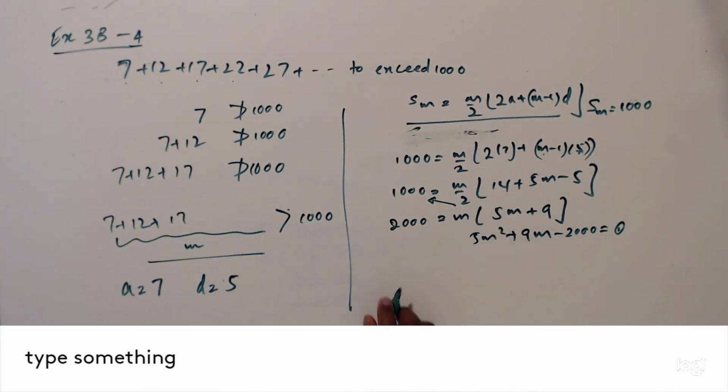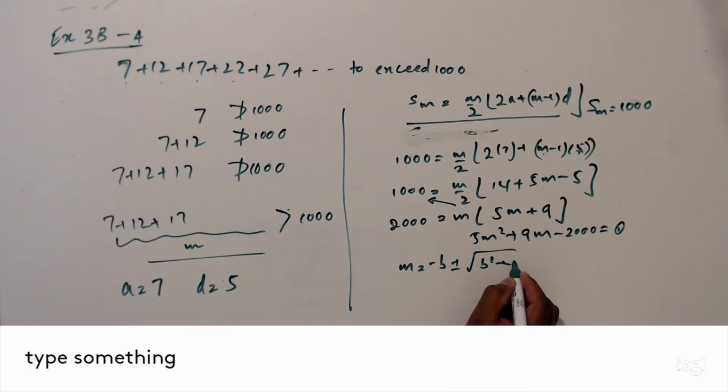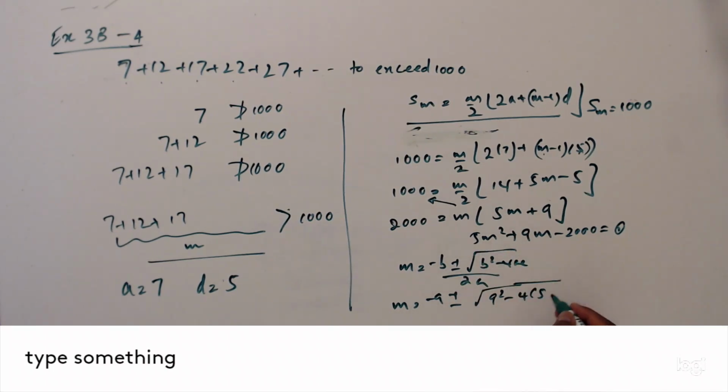Now we can't simply factorize this by looking at it, so we have to use the quadratic formula. m equals minus b plus or minus the square root of b squared minus 4ac, over 2a. So m equals minus 9 plus or minus the square root of 9 squared minus 4 times 5 times minus 2000, divided by 2 times 5.